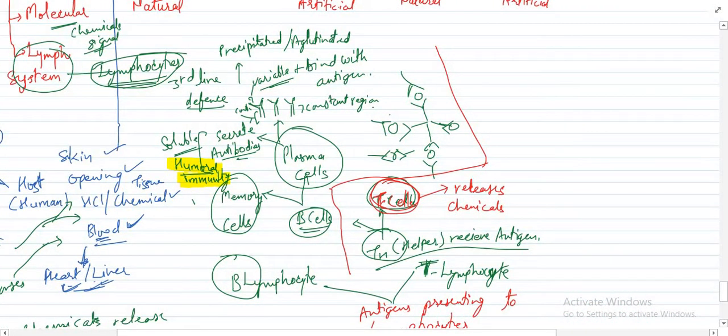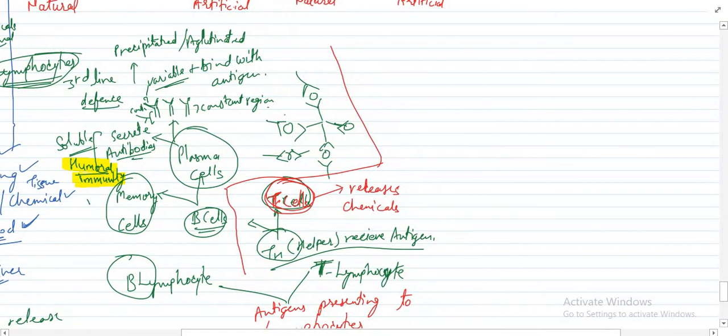Whenever they release chemicals, these chemicals go to find or recognize immune compromised cells, or we can say antigen compromised cells.